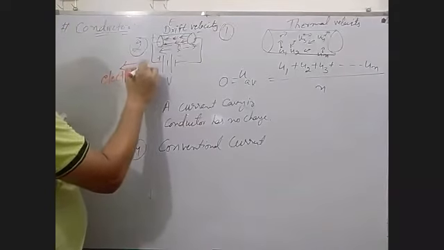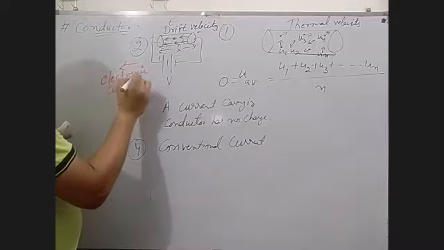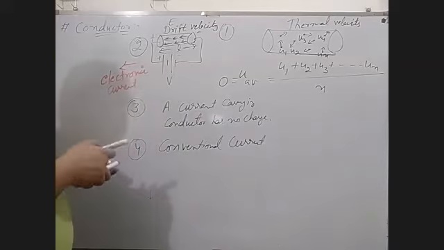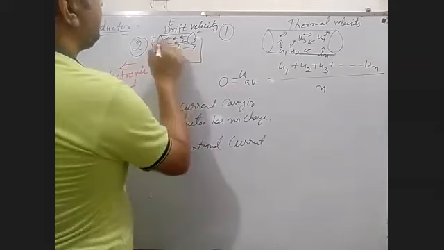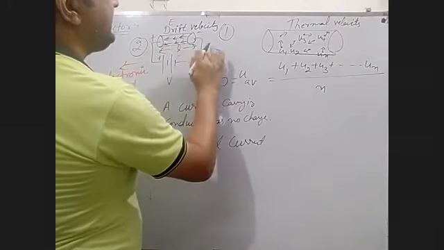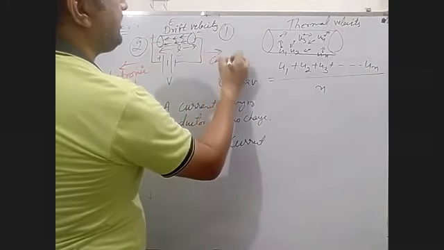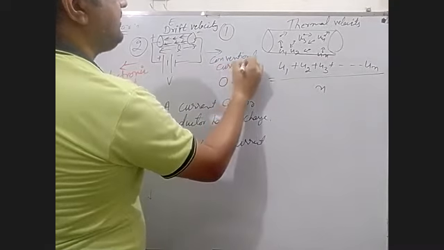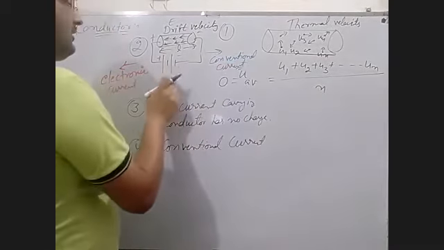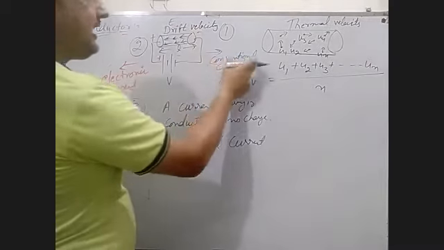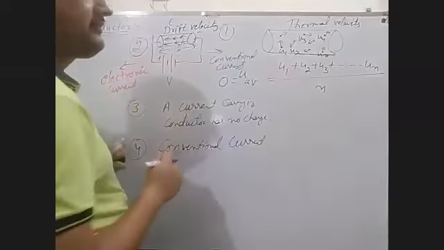In the direction of electrons, you can say electronic current, but in actual, the current moves from positive end to negative end. That's why conventional current is there. In actual, current moves from positive to negative end, and this type of current is called conventional current.